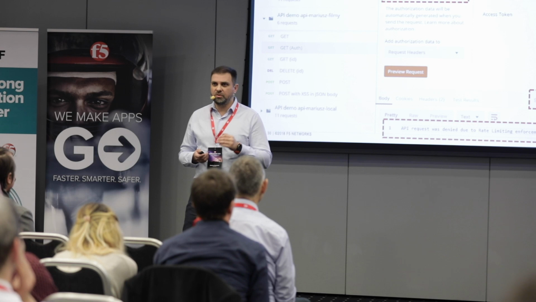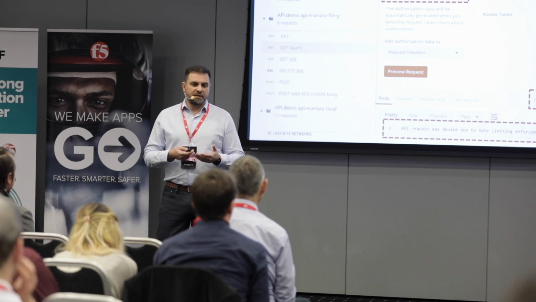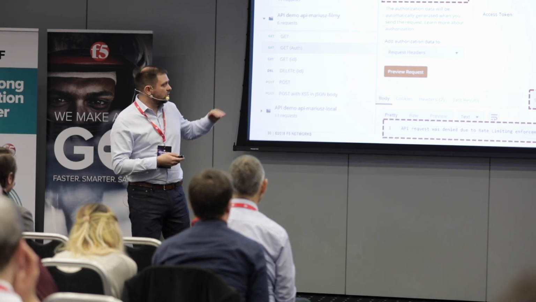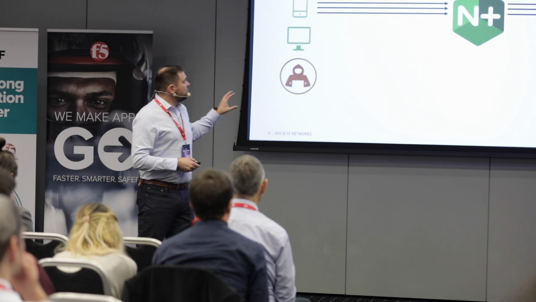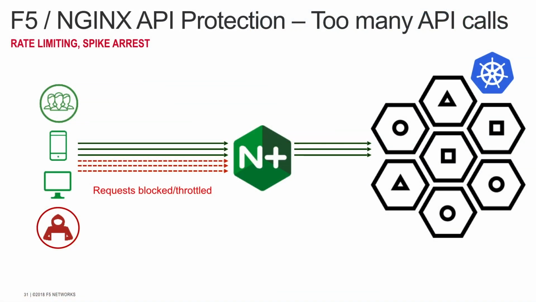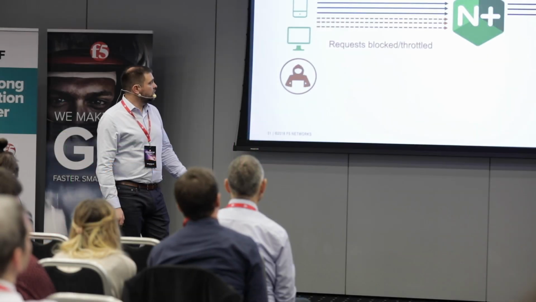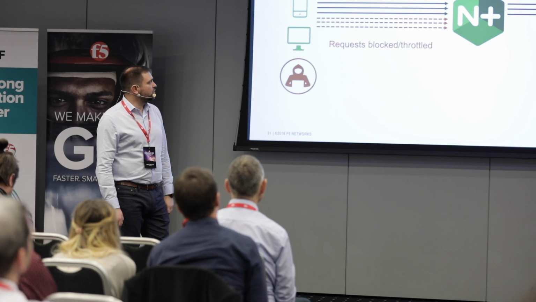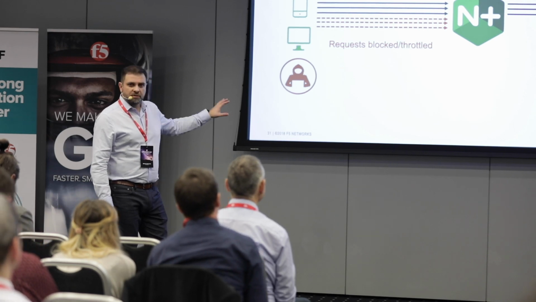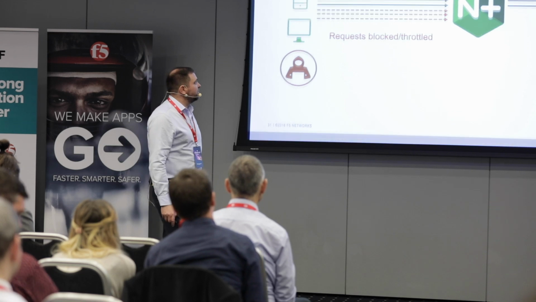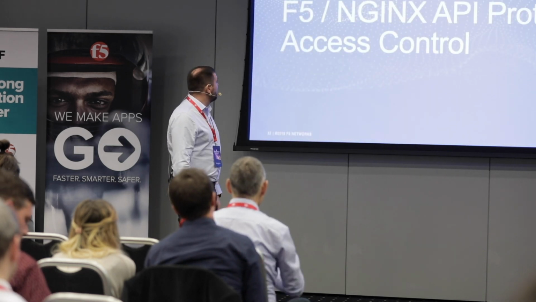So your natural idea will be to slow them down. You can also configure spike arrest or rate limiting on NGINX Plus or the API gateway in NGINX Plus. But because of the time, I will not talk about this right now.